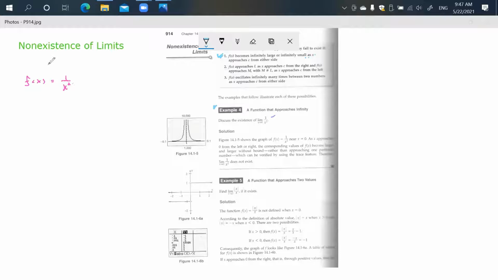We consider this function first. So can you tell me what the horizontal asymptote and vertical asymptote are?